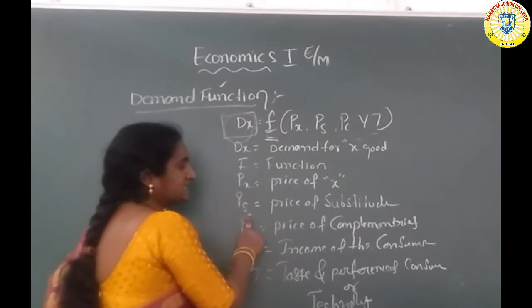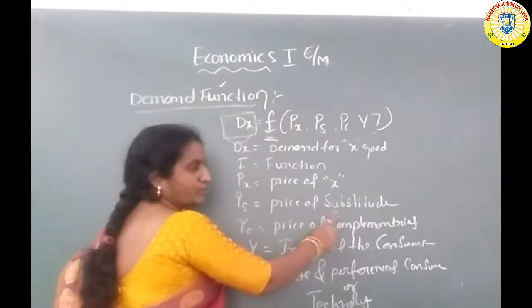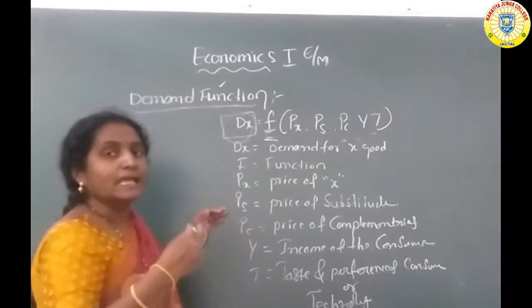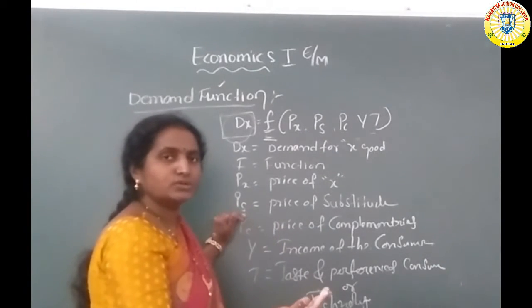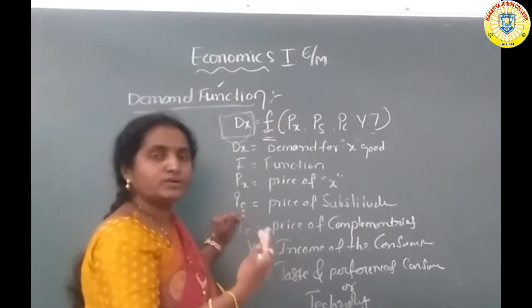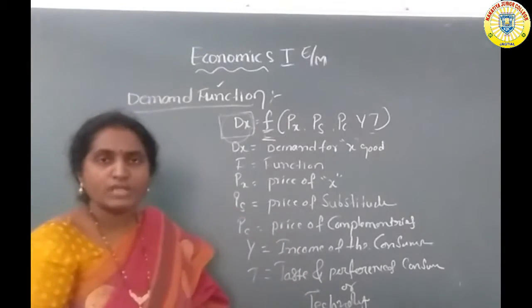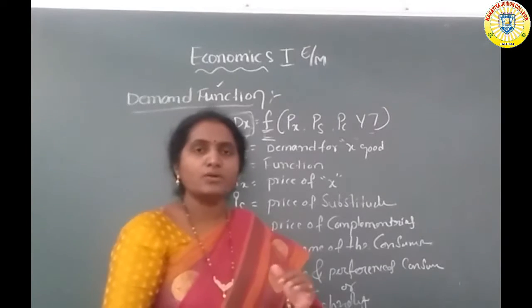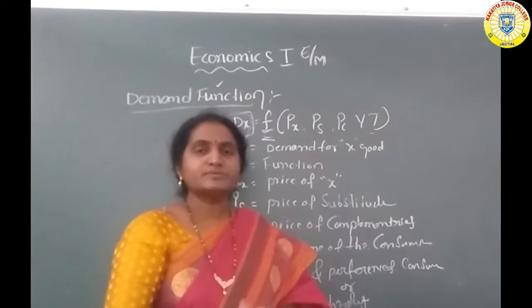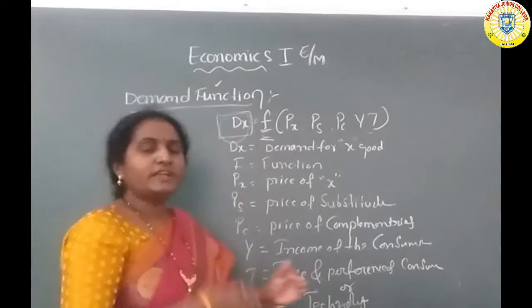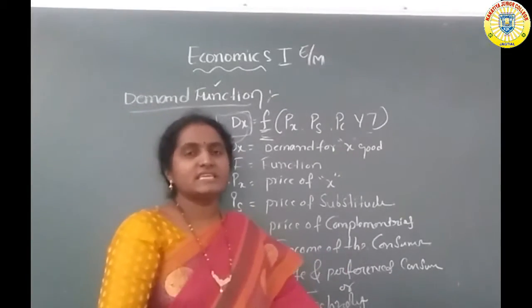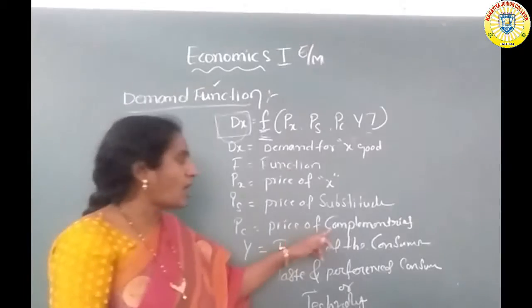Ps means price of substitutes. Price of substitutes means related goods, which give the same satisfaction to the consumer. Two different goods giving the same satisfaction to the consumer are known as related goods or substitute goods. Then complementaries: different goods that jointly satisfy a single want are known as complementary goods.